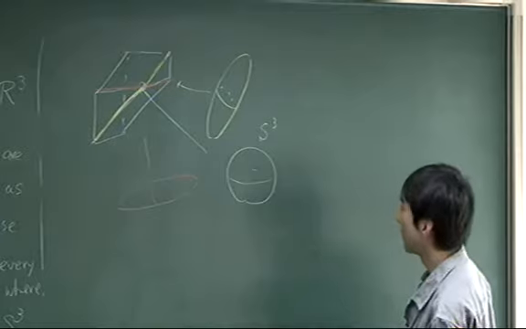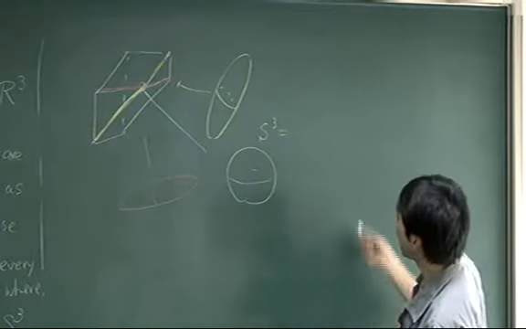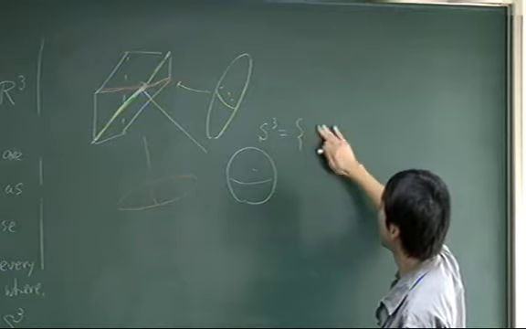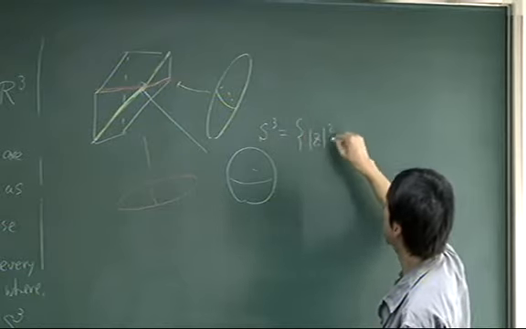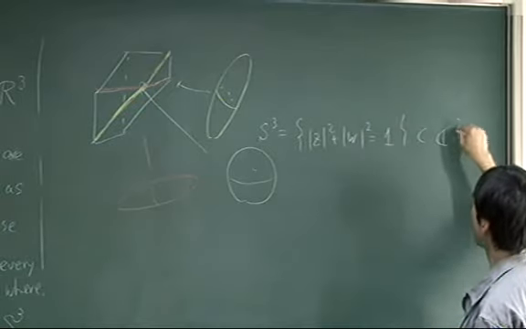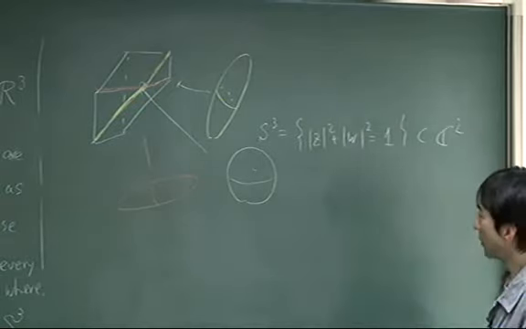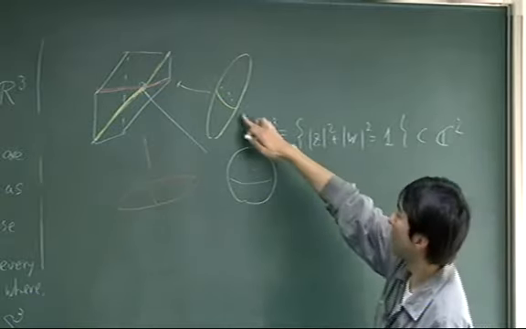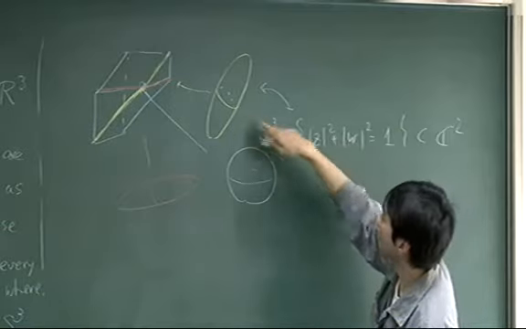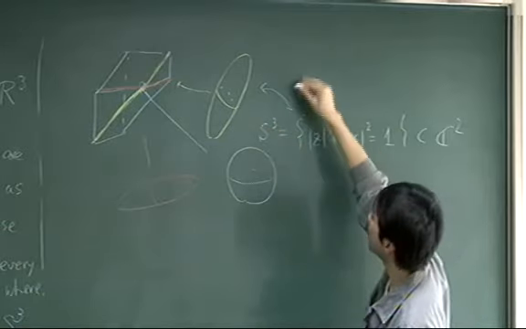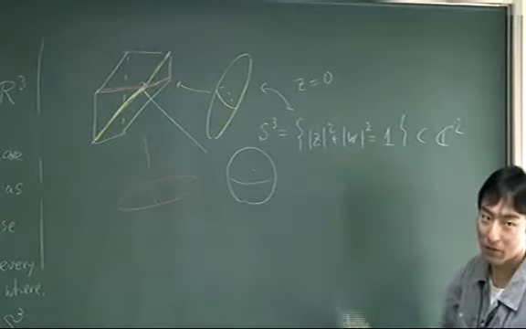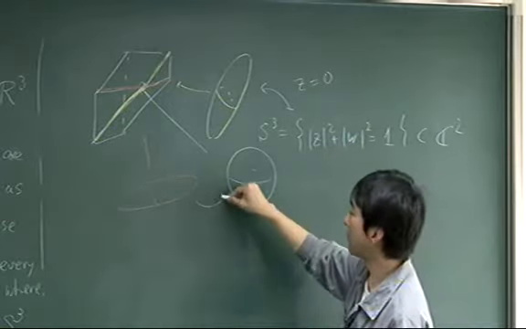If we write the sphere in C2, then these two spheres and the three-sphere intersect at, for example, z equal to 0. And the intersection of these two is given by w equal to 0.